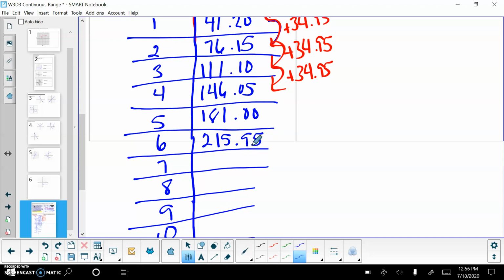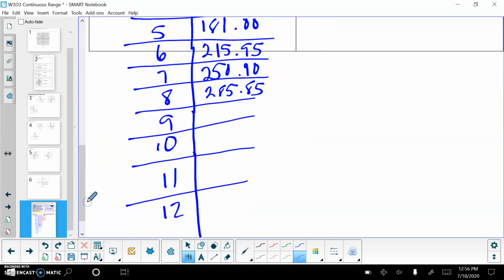And I'm just keeping on adding $34.95 to each section until I get it all filled up, so I have all the values that I need.